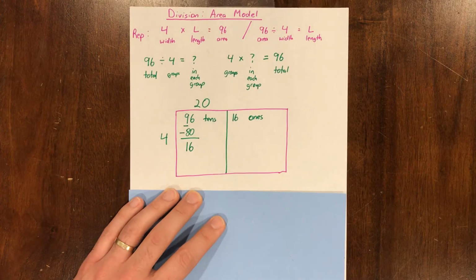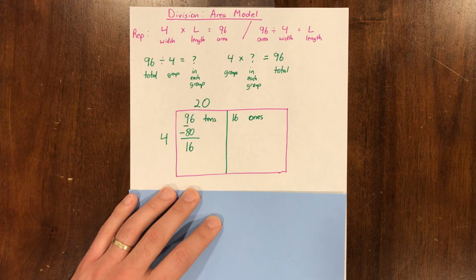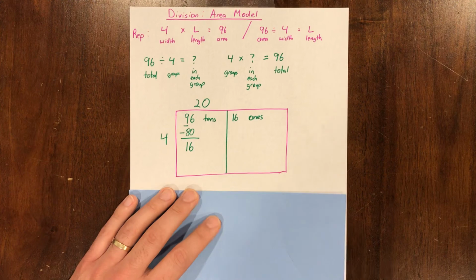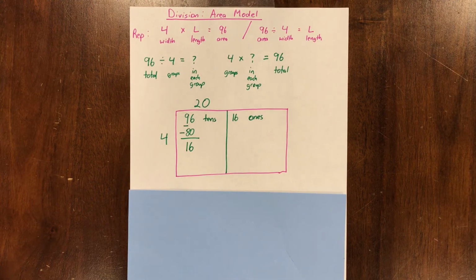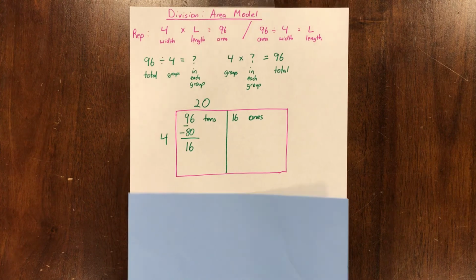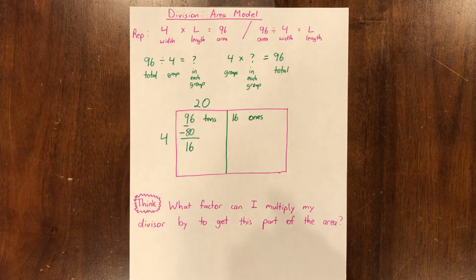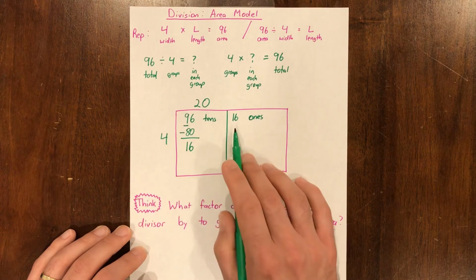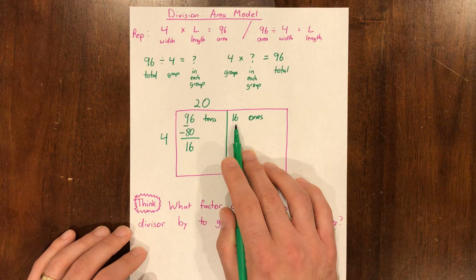Okay, so what question do we ask ourselves again to help us figure out the next part of our missing side length? Say it out loud. Right, we can think, what factor can I multiply my divisor by to get this part of my area?